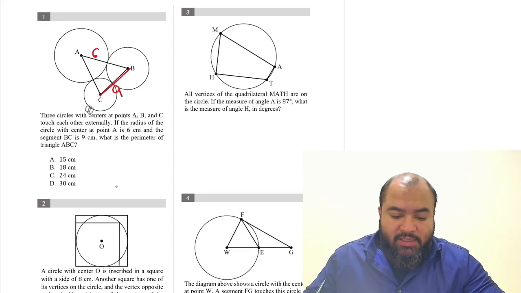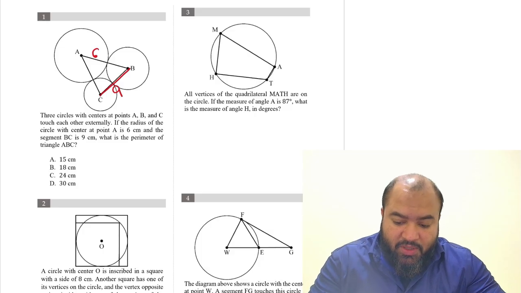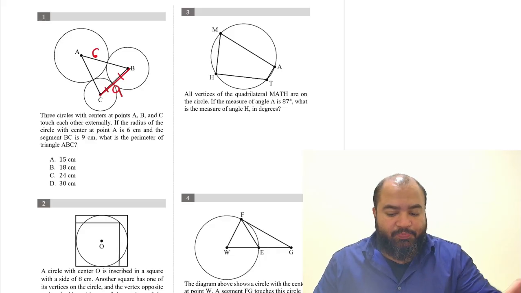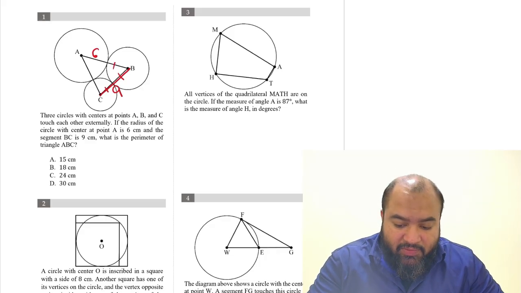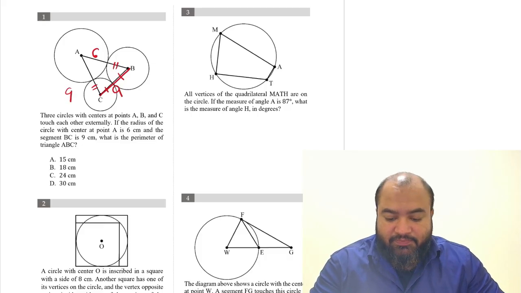Okay, as you can see, I'm going to use a different color for this. I know that one of the radii of center B and one of the radii of center C makes 9. But how much is each? We don't know. But the other radius of center B and the other radius of center C will make another 9 as well.